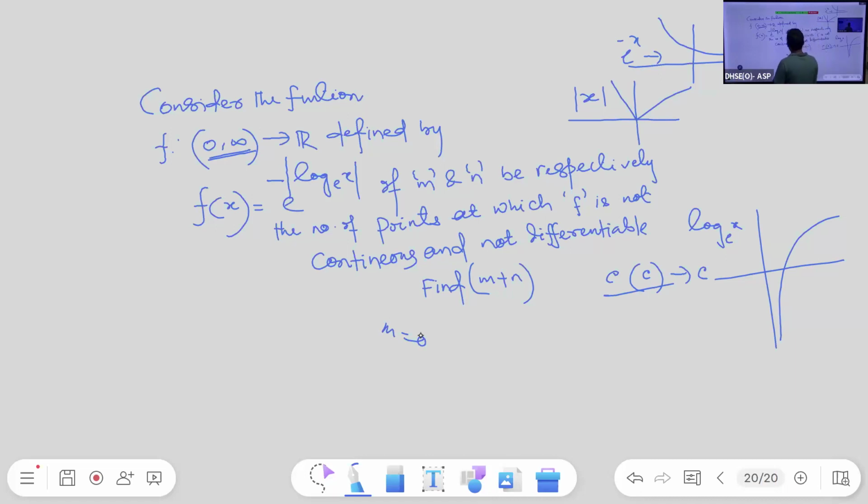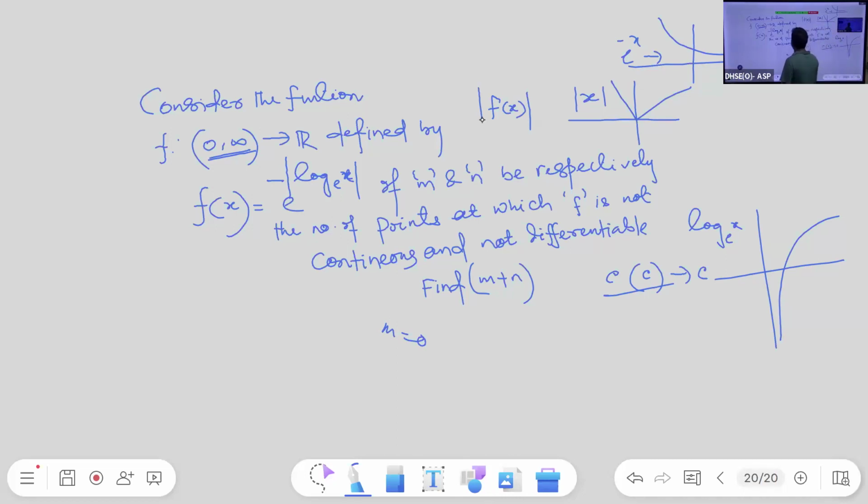Now we have to find the number of non-differentiable points. Since a mod function is there, I have already told you, if a function contains mod of some function f of x, then the points at which f of x is equal to 0 are suspicious or doubtful points.